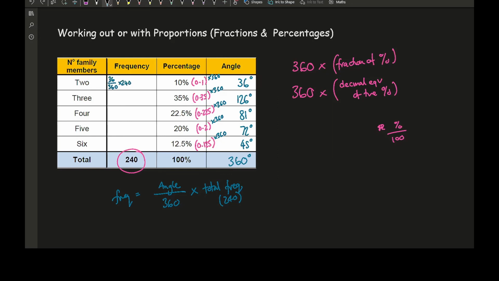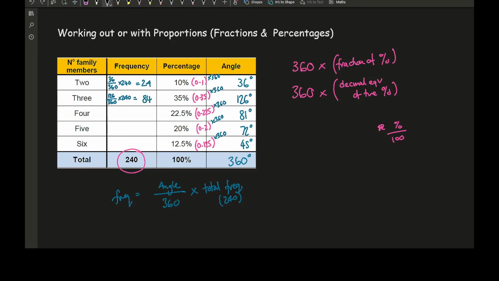Typing that into my calculator, I get an answer of 24. And then for the next one, it's going to be 126 divided by 360 multiplied by 240, which gives me 84.